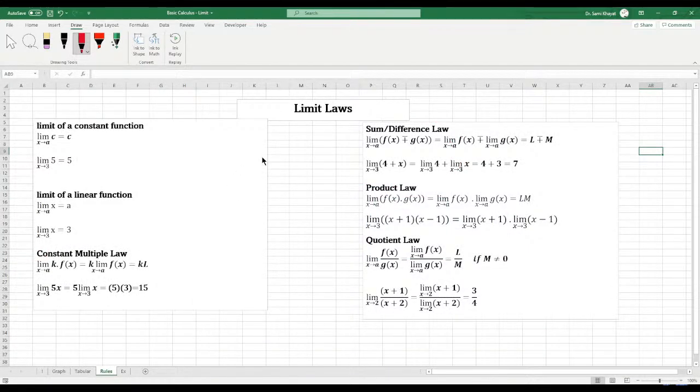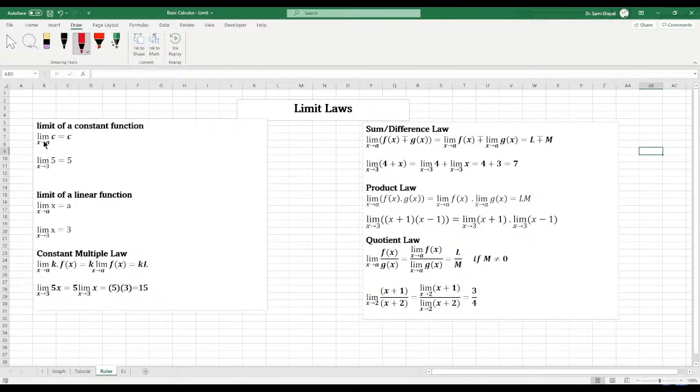Now, the rules, or the limit laws, are like this. The first one I talked about is how to use a graph. Later we talk about how to use a table. And now we will talk about the laws.